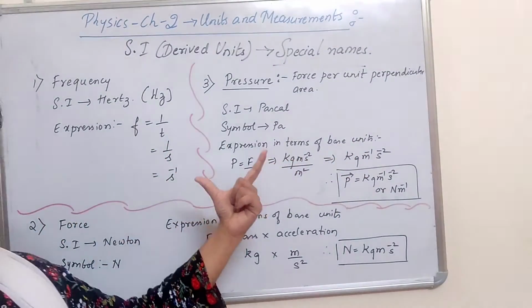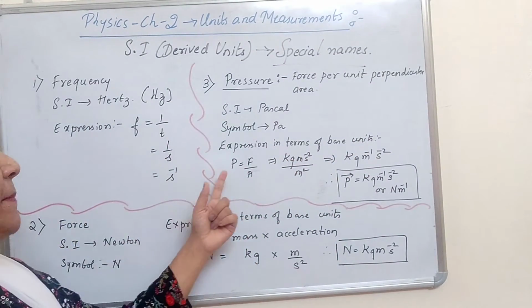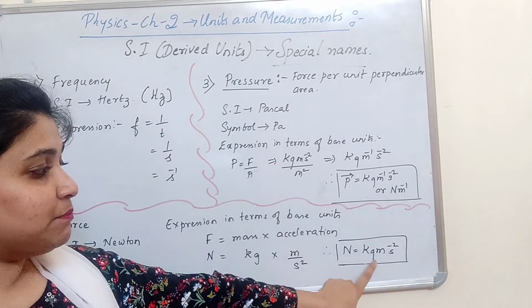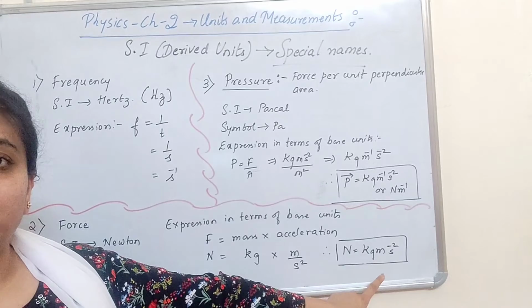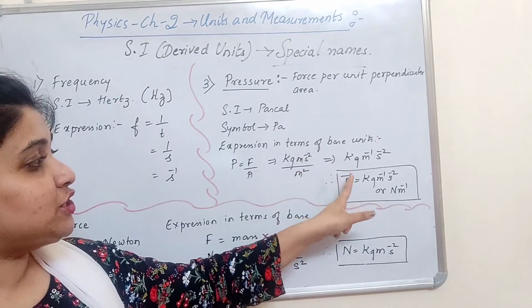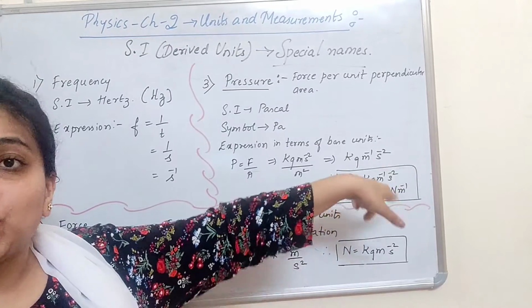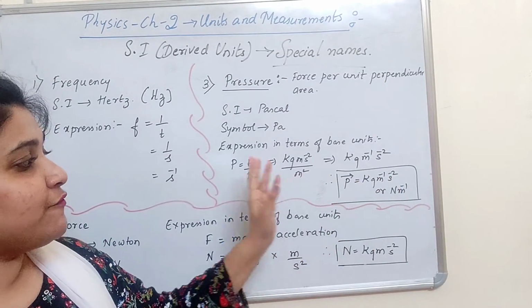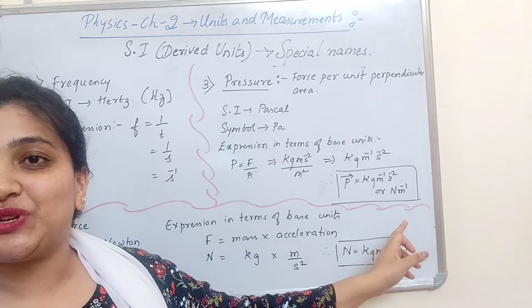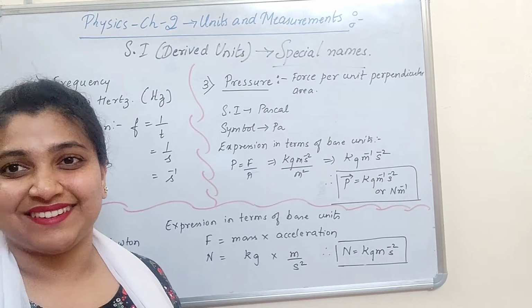So how am I expressing this in terms of base unit? P is equal to F by A. We know that force is equal to kg meter per second square, we have derived earlier, divided by the area. Area is meter square. So kg per meter second square per second square. So therefore I can write pressure is nothing but kg per meter per second square or Newton per second.